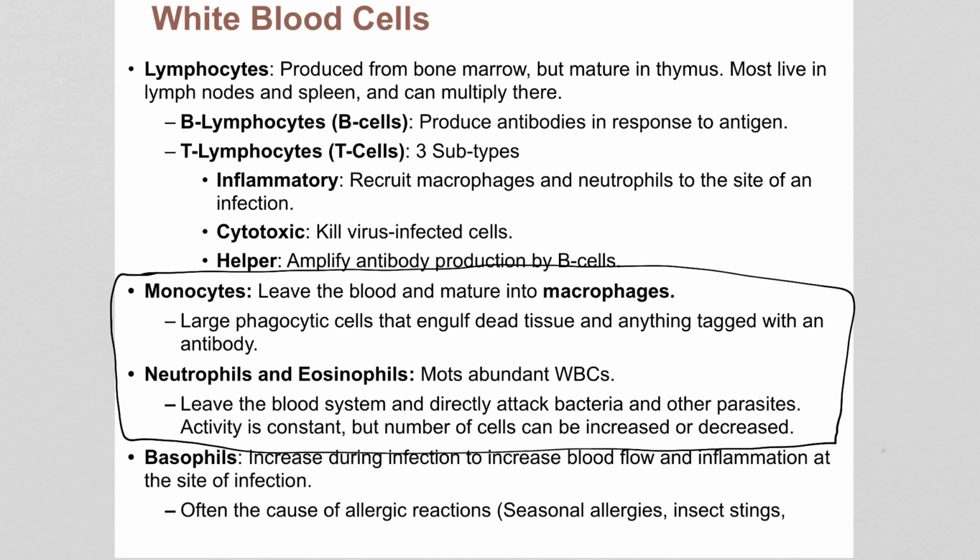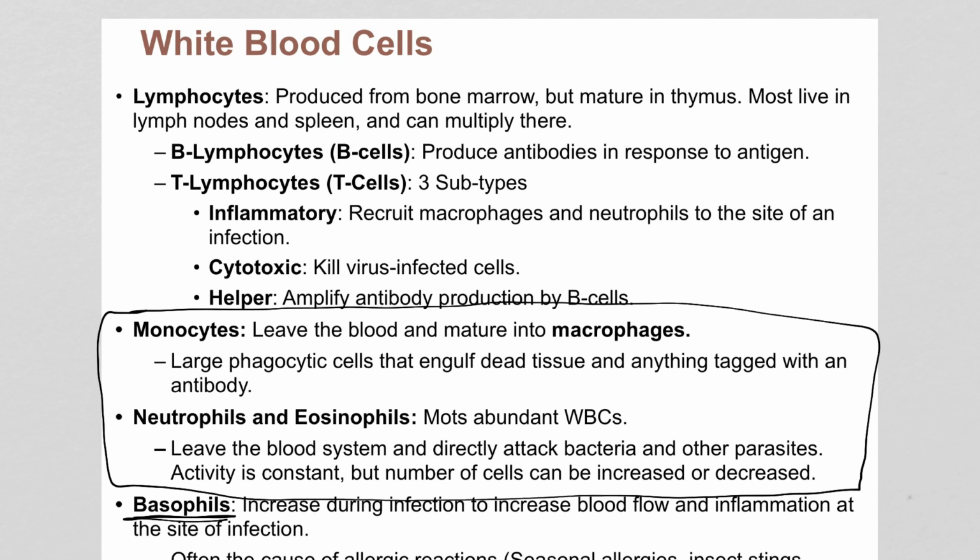But phagocytosis is their primary goal. Basophils are primarily involved in the inflammation response. So they release a lot of those cytokines that trigger inflammation and itching and swelling to make an inflammation response actually happen.